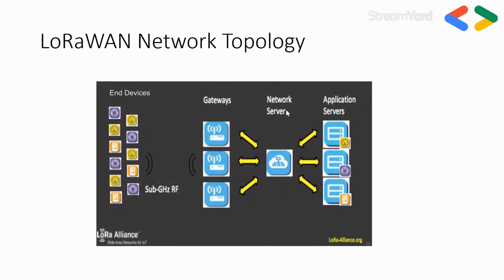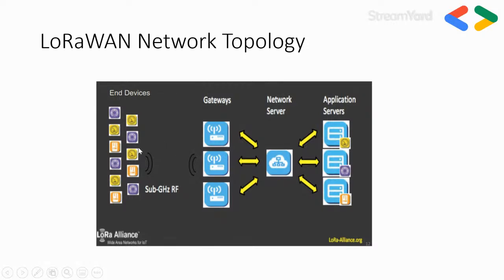The topology for LoRaWAN is as follows. We have devices, we have gateways, those are LoRa gateways, and we have a server. This is the back end, and the server controls different sorts of applications.